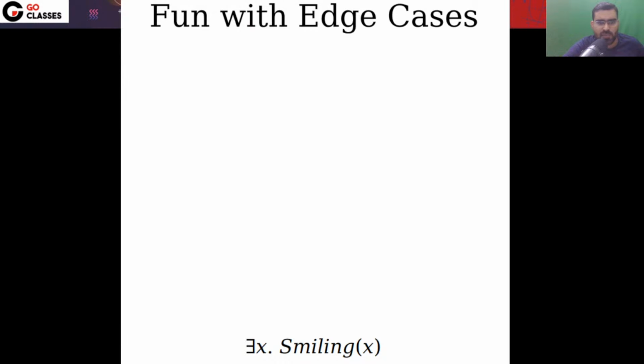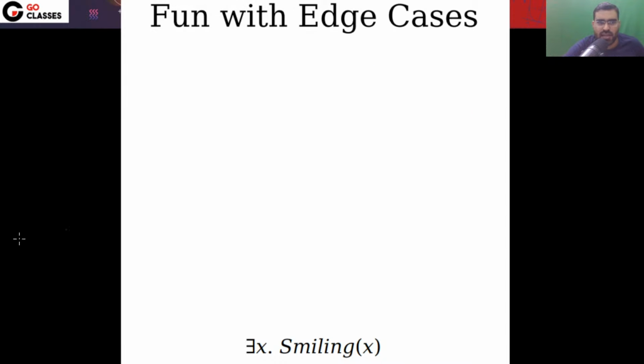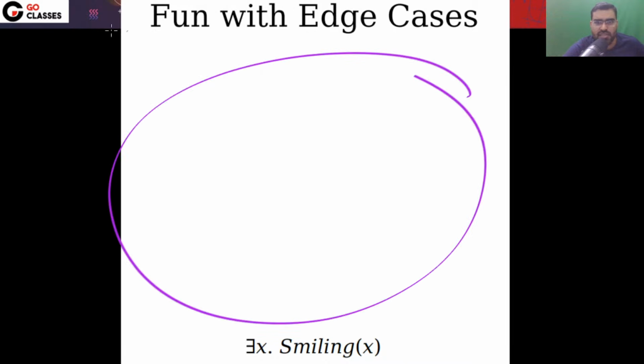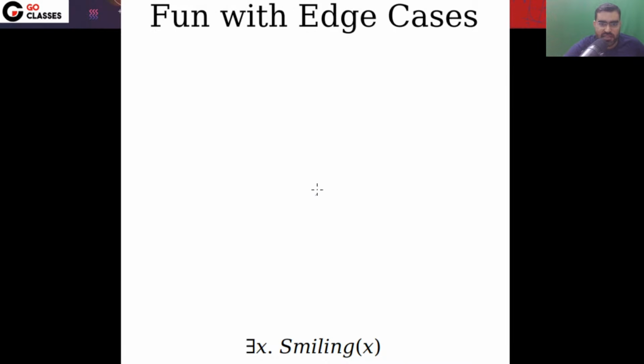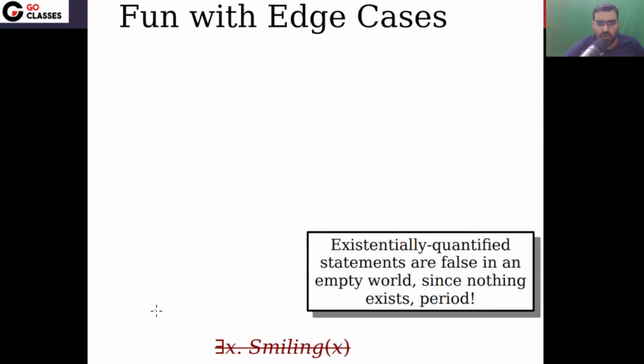Consider this example. Can I say someone is smiling in this empty room? If I say someone is smiling, then definitely that is a horror movie, right? You will say no one is smiling because there is no one in this room, so it should be false.